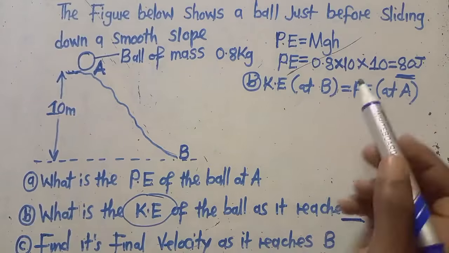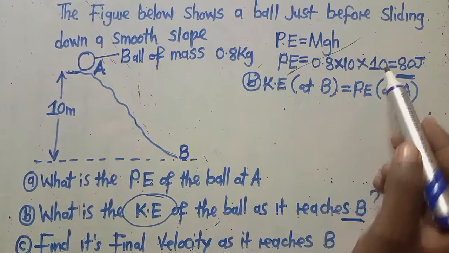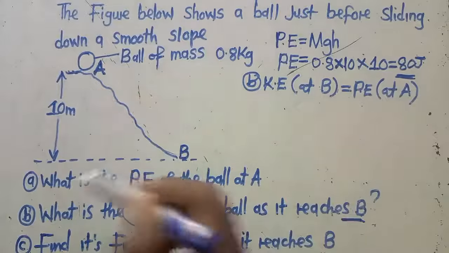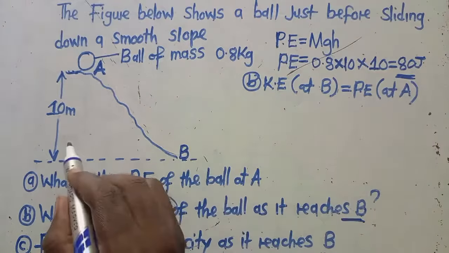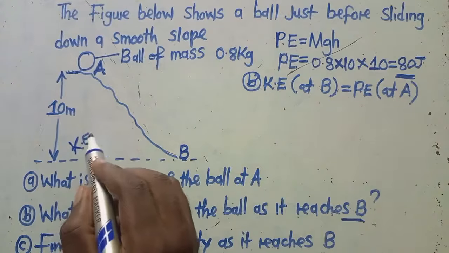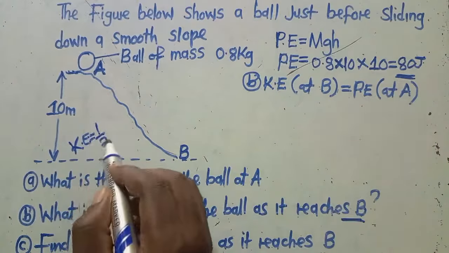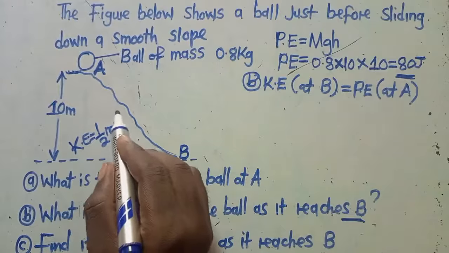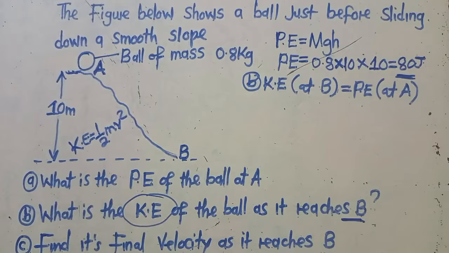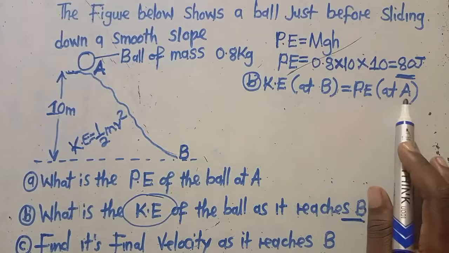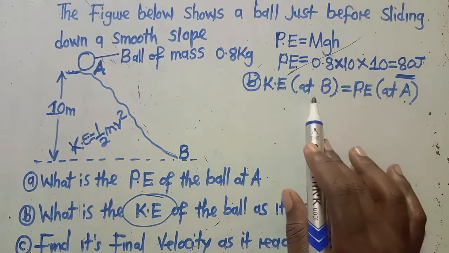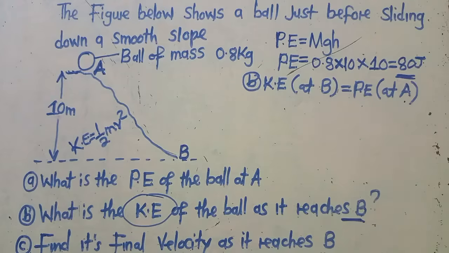Maybe you wonder why I had to get the 10 here, the height. We know that the formula for kinetic energy is half mv squared, and we could use that particular formula. But since we know that potential energy at A is equal to kinetic energy at B, there is no need of struggling.